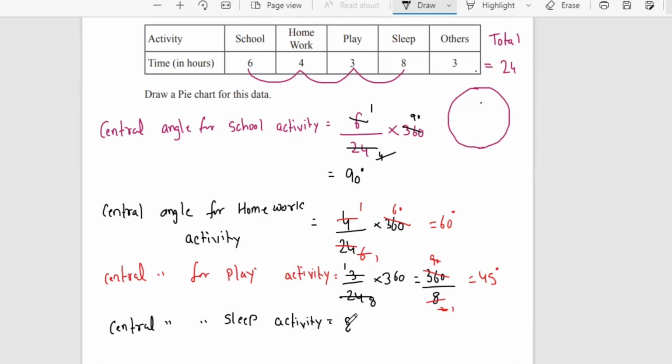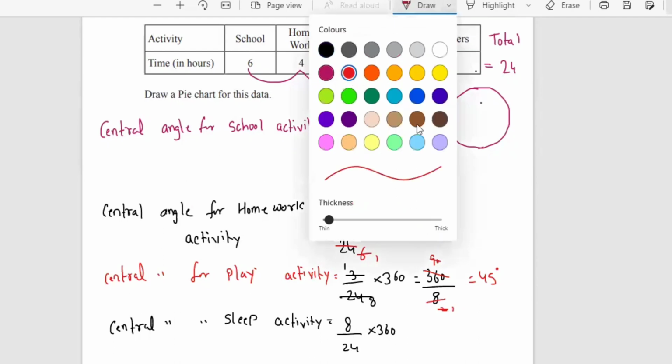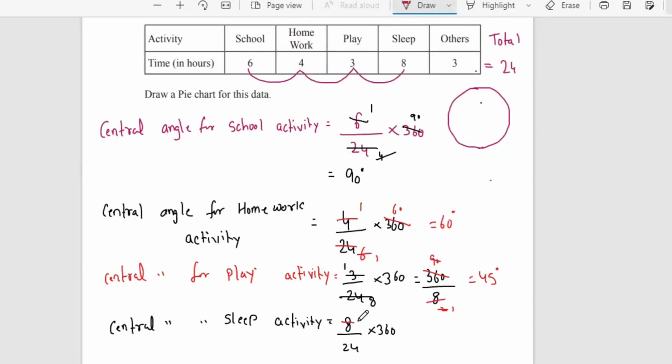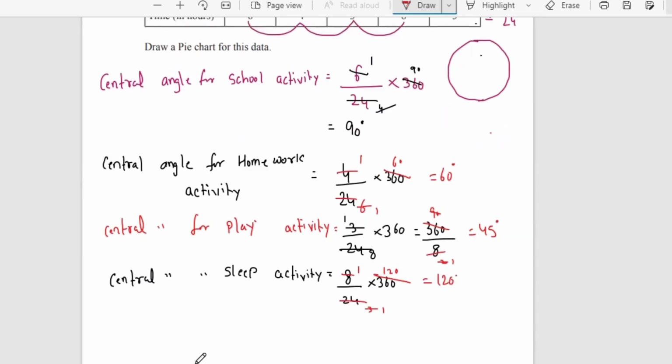That is 8 divided by 24, into 360. Once again, the same cancellation part we're going to follow. That is 8 ones are 8, 8 threes are 24, 3 ones are 3, and 3 one-twenties are 360. So the central angle for the sleep activity is how much? 120 degrees.